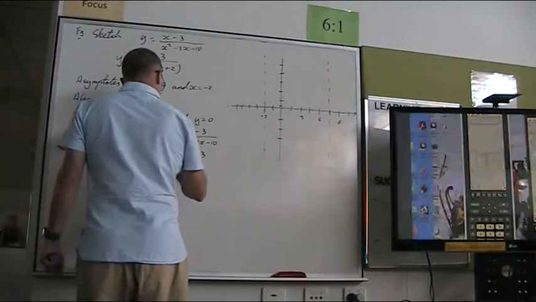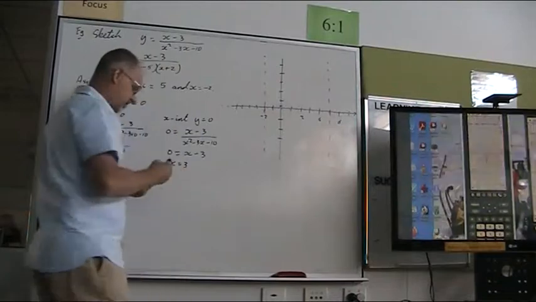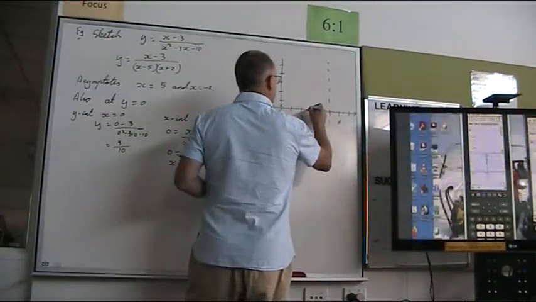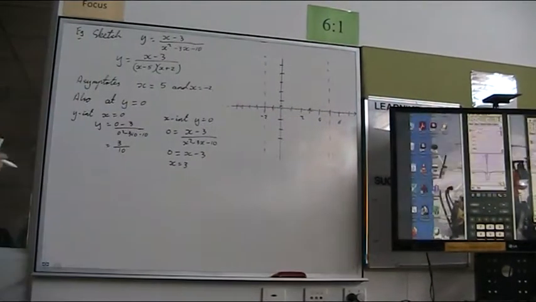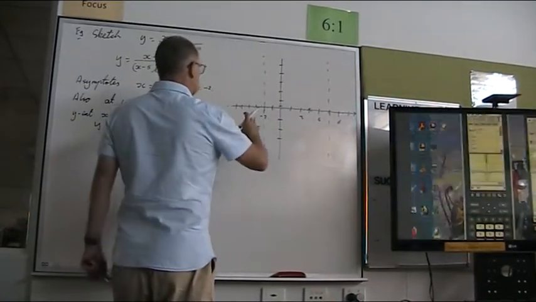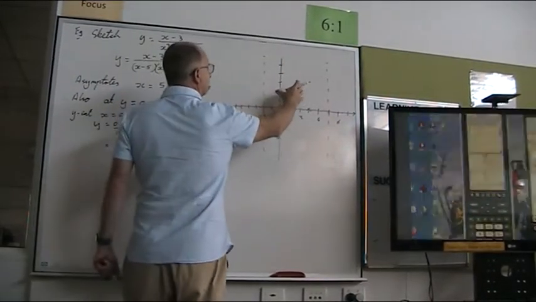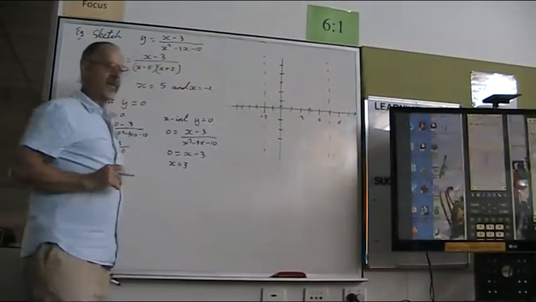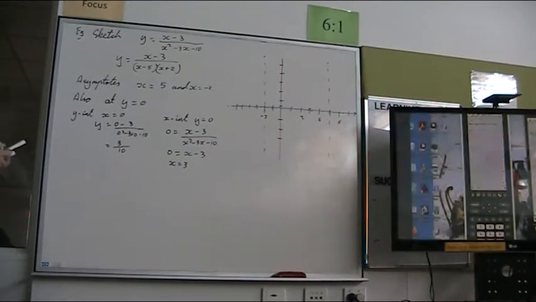And so x equals 3. So in this case, we're getting an intercept here in that section. So our asymptote doesn't apply in that middle section of this particular graph.